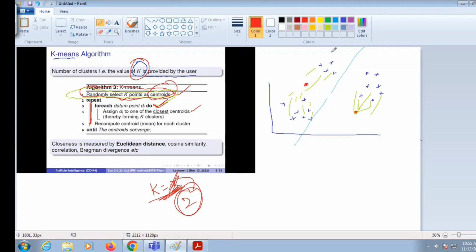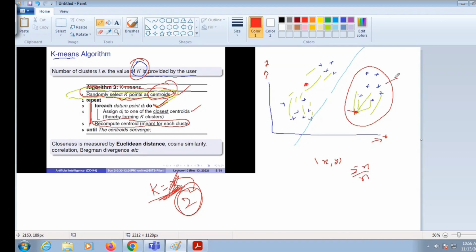Now in our case the point has an x and y value. Let's assume this is x, this is y. The second step is to recompute the centroid as the mean of each cluster. Since these points are in one cluster, for all the data points find the summation of x and the number of points.